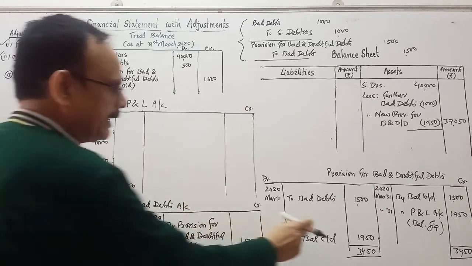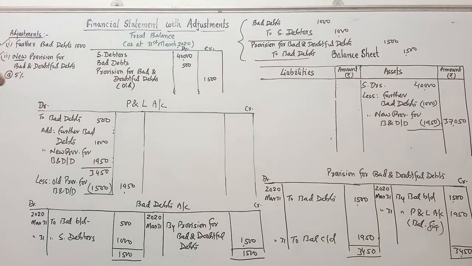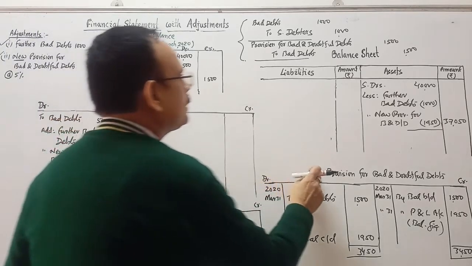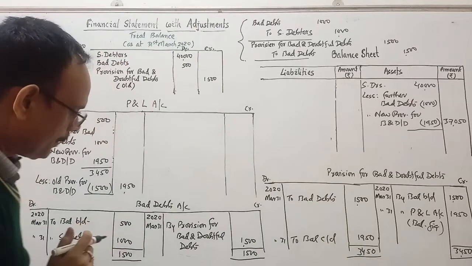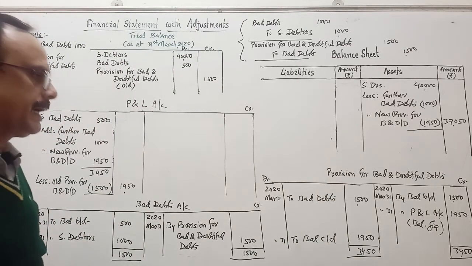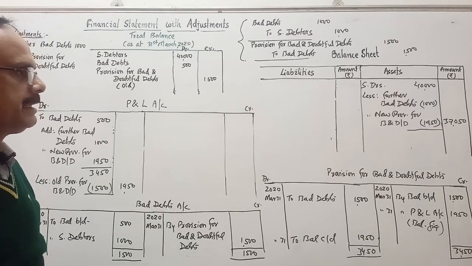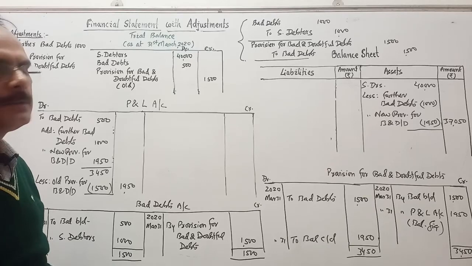For this the entry will be provision for bad and doubtful debts account debit to sundry debtors account. If you prepare the debtors account, you may prepare the debtors account as well. Opening balance debit side, to balance brought down.